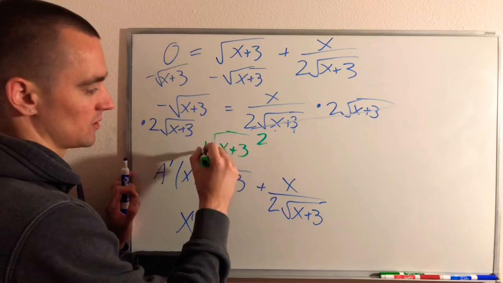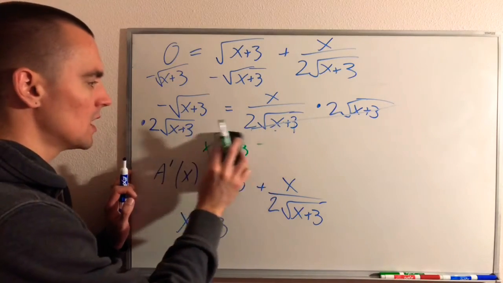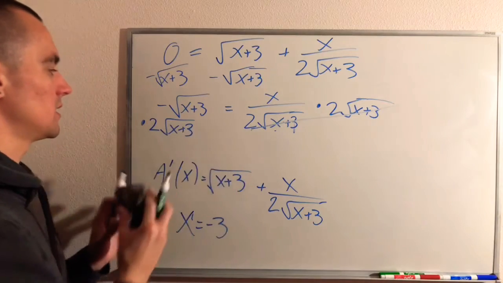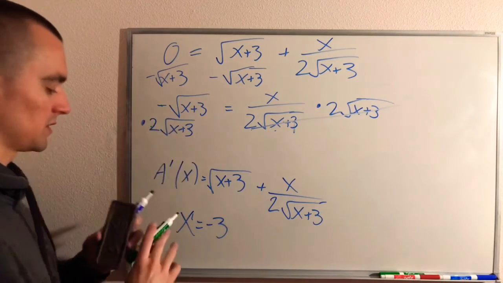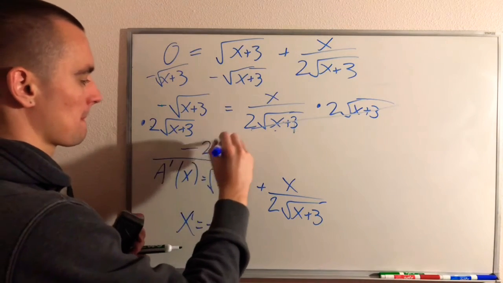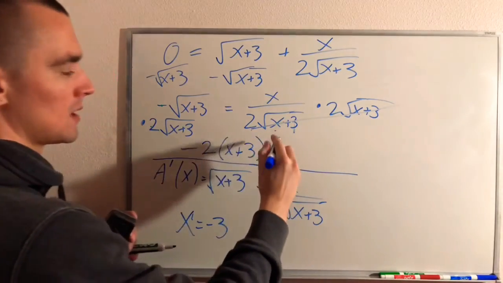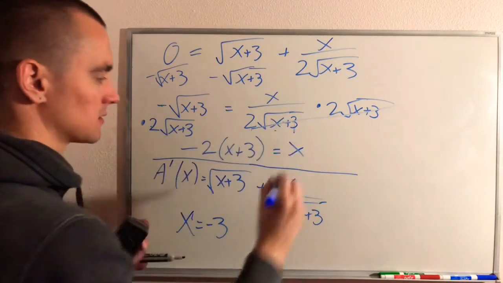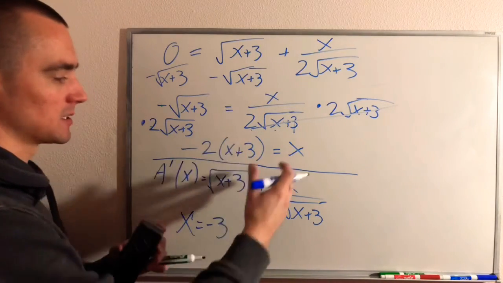Which would just cancel the square root and the squared, and we would just have x plus 3. So what this actually leaves us with is -2 times x plus 3, and then equals x.